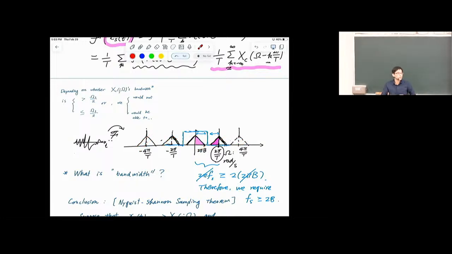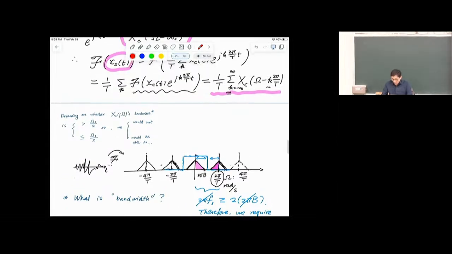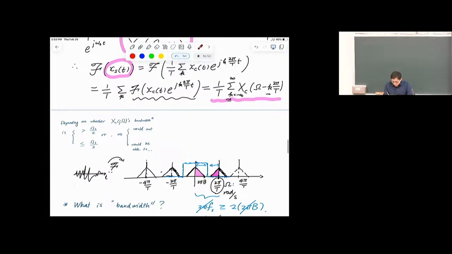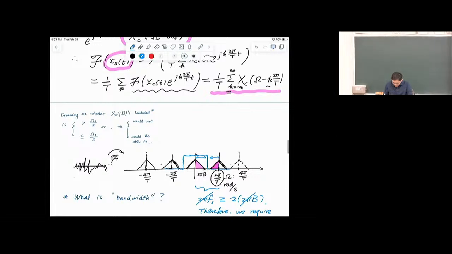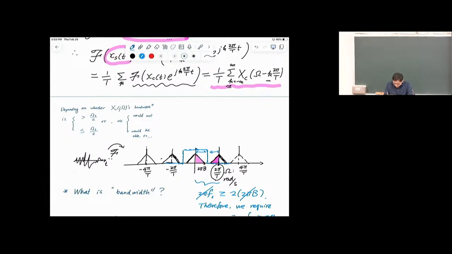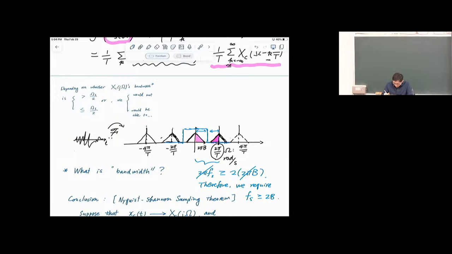We are getting back the original signal, mathematically. But now, to really understand what goes wrong when the sampling rate is not high enough, let's talk about that situation. What we just talked about is the first situation.